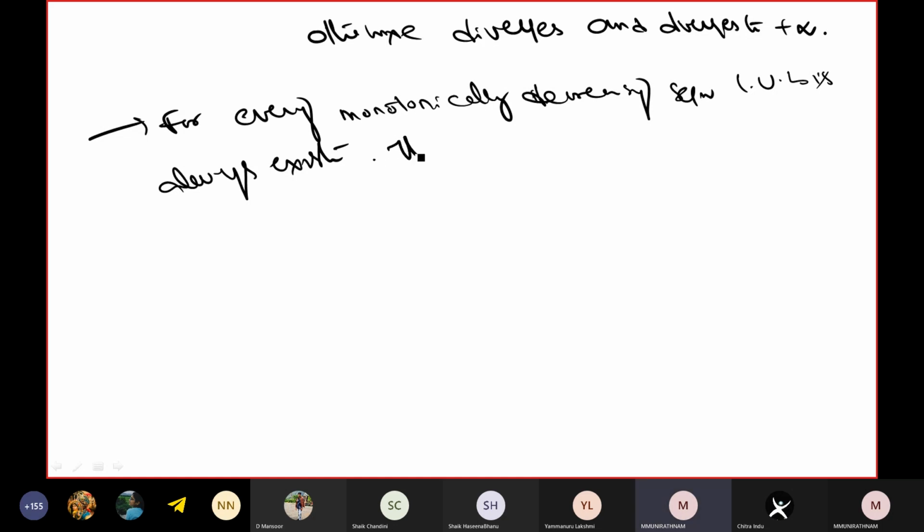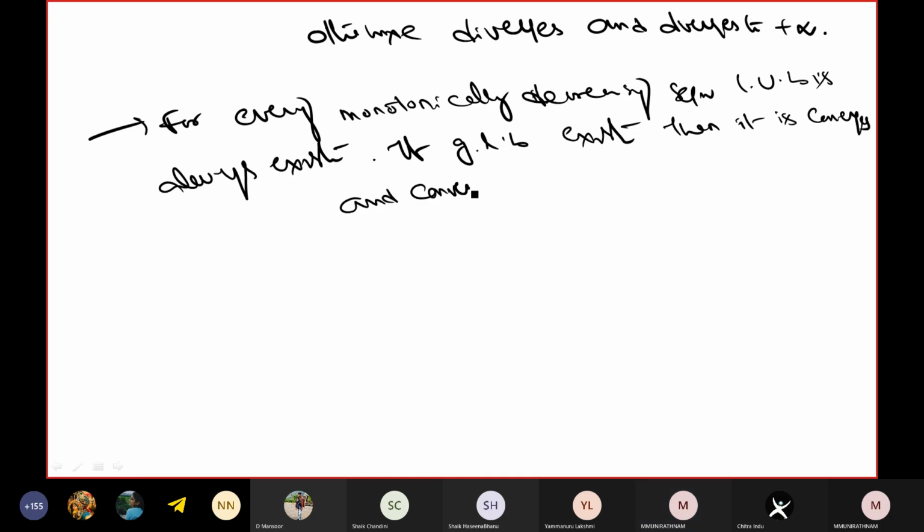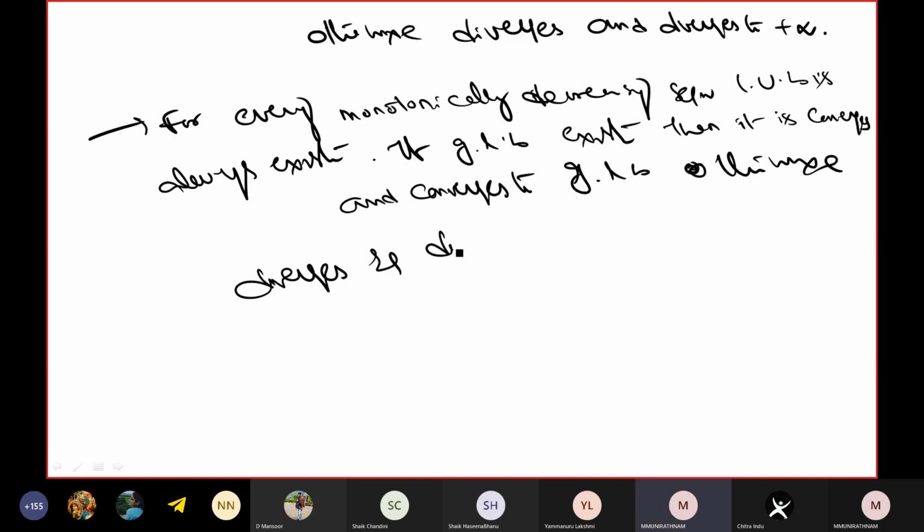If the GLB exists, then it converges, and converges to the GLB. Otherwise it diverges, and diverges to minus infinity. This is what I'm going to tell.